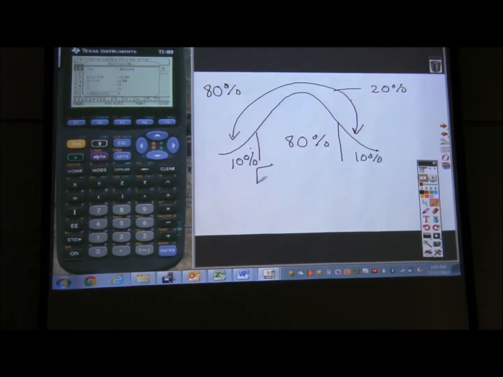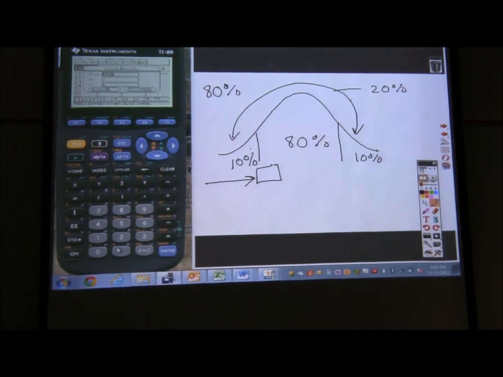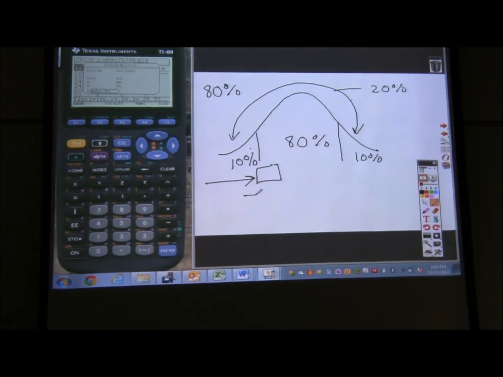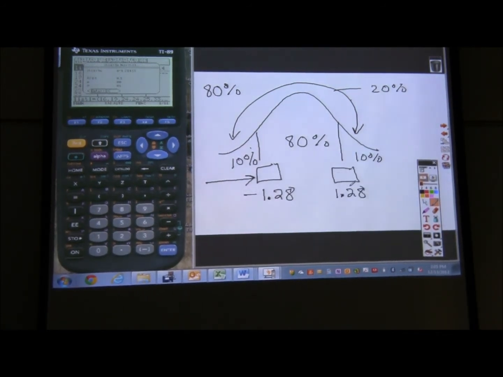If I'm looking for this number right here, I'm going to go inverse normal up to that point. So on my calculator, F5 inverse normal. My area is going to be 10%, 0 and 1 because it's a standard normal curve. And this critical value is negative 1.28. Because it's symmetric, the positive one is going to be 1.28 as well.